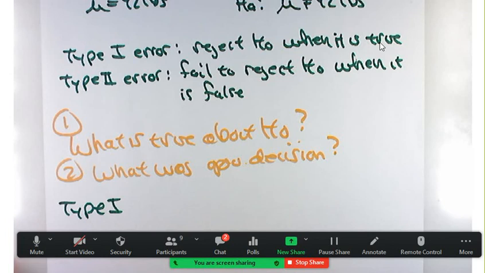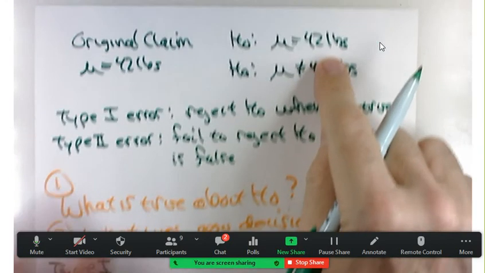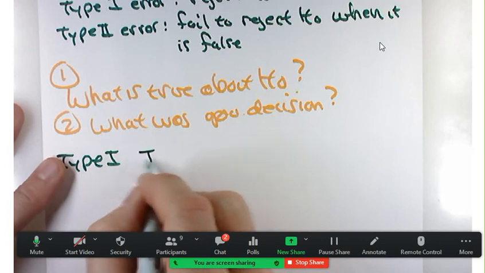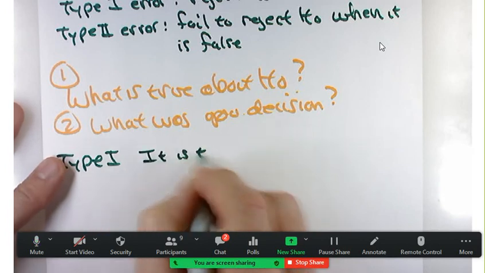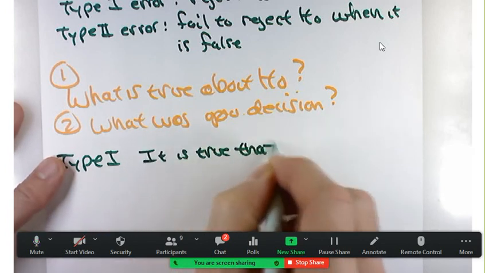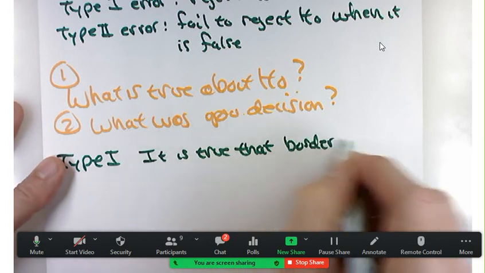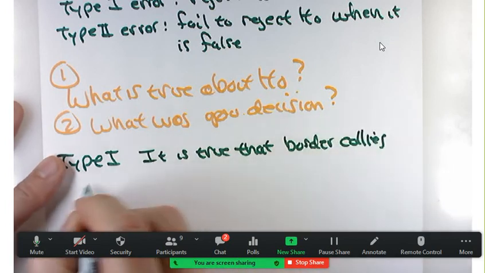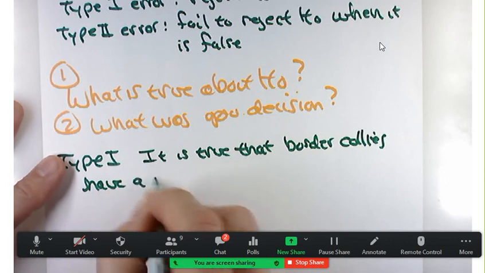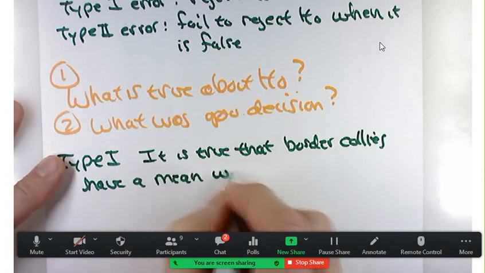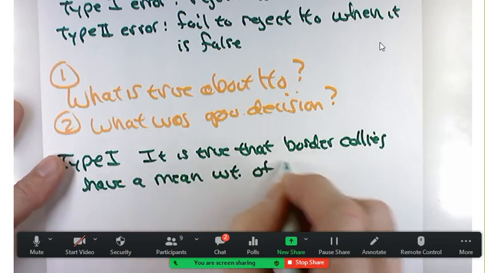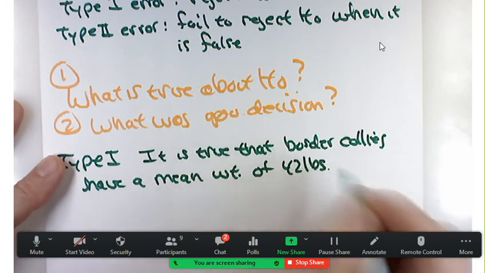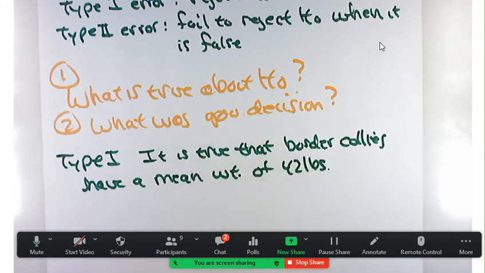Type 1 error. Start by saying what's true. And in this case, what's true, if you're making a type 1 error, is that H naught is true. So it is true that border collies have a mean weight of 42 pounds. So that's what's true. That's the first part.